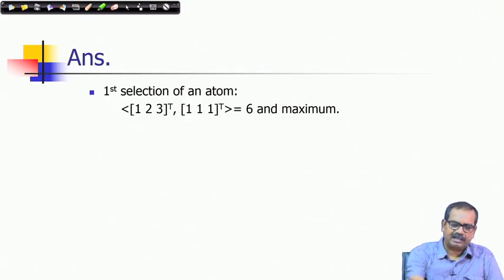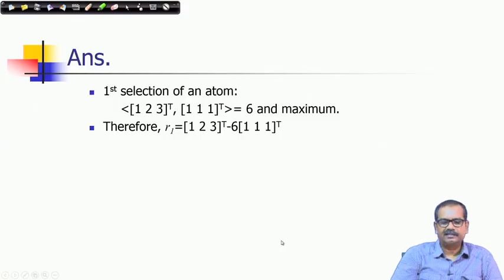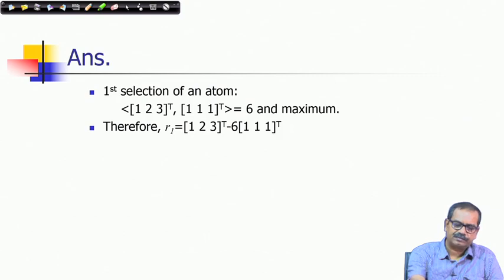So, you select this atom for the representation, which means this is the magnitude and the direction is 1, 1, 1, that is a vector. So, the residue would be 1, 2, 3 minus 6 times 1, 1, 1 transpose. For the convenience of representing in one slide, I am using row vector representation of these vectors. So, your residue at this stage becomes this vector.